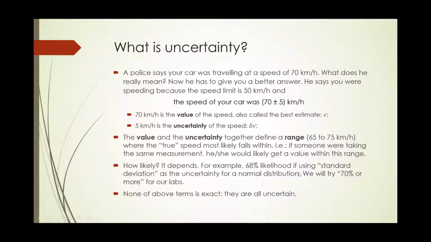But in our physics labs, as long as you say it's likely that the value is within this range, it's fine. You can be more conservative and assign a bigger uncertainty, or you can be a bit aggressive and say I'm quite sure, so I would like to assign a smaller uncertainty, and they're both okay.